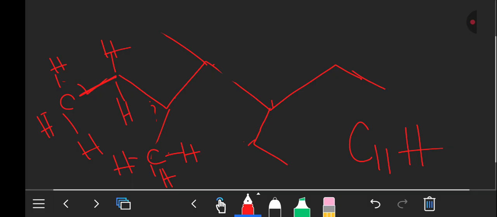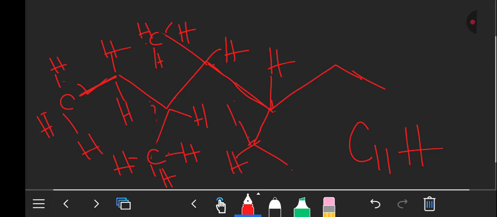Here there are 3 bonds, so there's 1 hydrogen. Here there are 3 bonds, there is 1 hydrogen. Here there is carbon which should have 3 hydrogens. Where else? So here there are 3 bonds, so there should be 1 hydrogen. There are 2 bonds, so there should be 2 hydrogens.